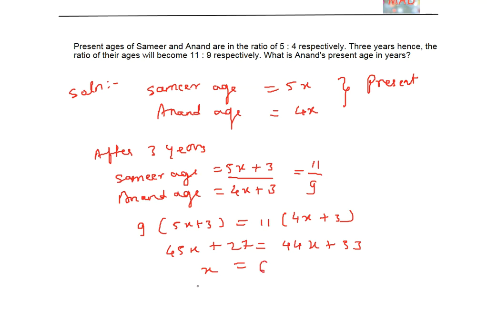So x is equal to 6. What is Anand's present age in years? Anand's present age will be 4 into x. So 4 into 6, that is 24. 24 is the answer. Now we'll move to the next question.